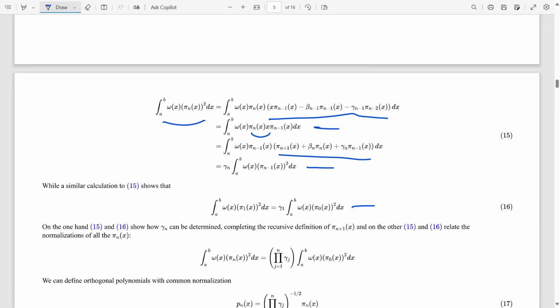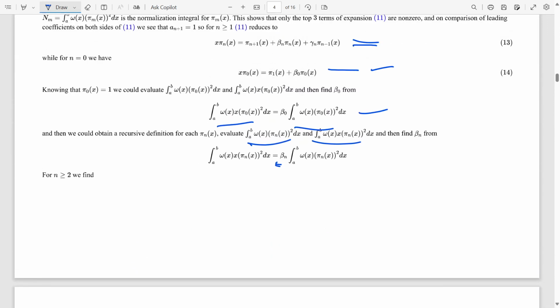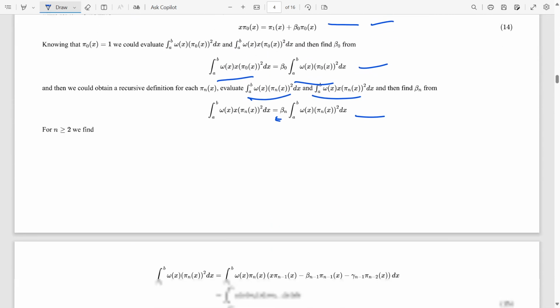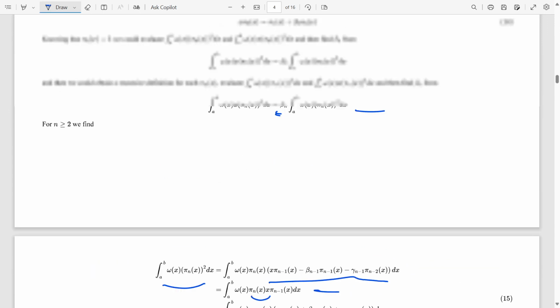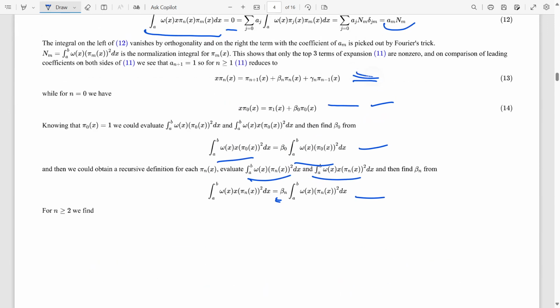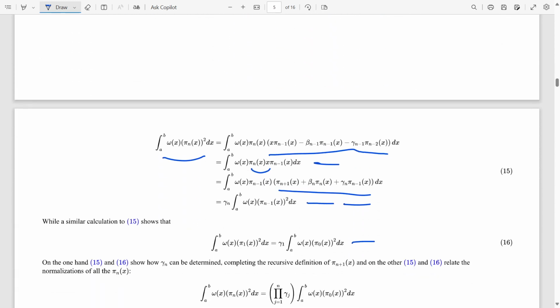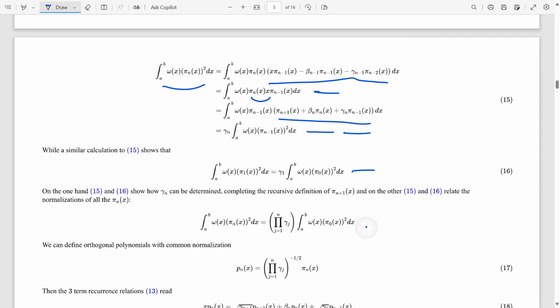This completes the recursion. Knowing pi n of x, we can determine beta n by this, and gamma n by this, and so find pi n plus 1 of x by this. Also, it relates the normalizations of all the pi n of x.